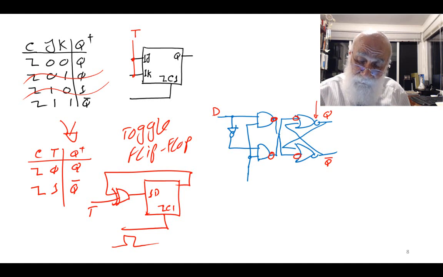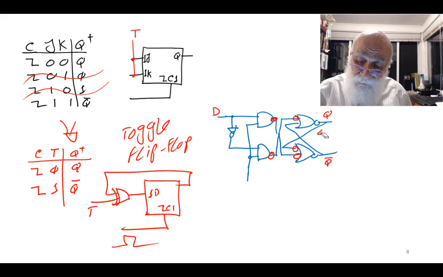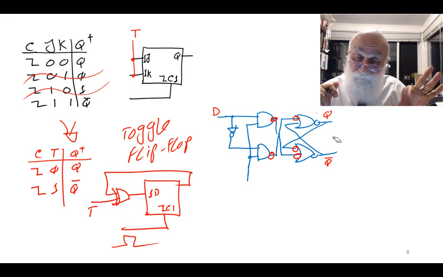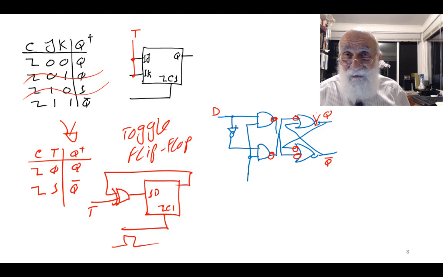So I'm going to take this bubble here and move it along this line and put it here. If I move this bubble from where it is along this line and put it over here, I have already turned the lower node into two inverted inputs, and I've got rid of this bubble.